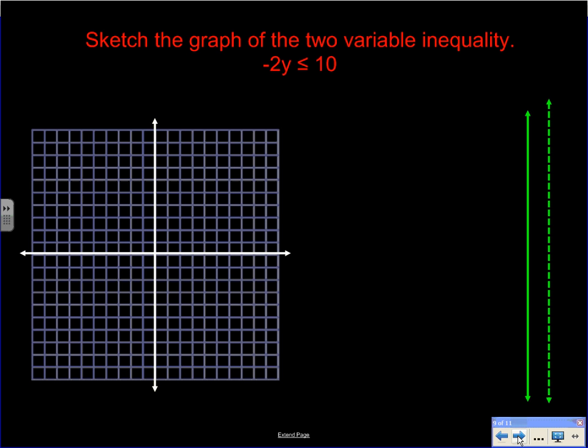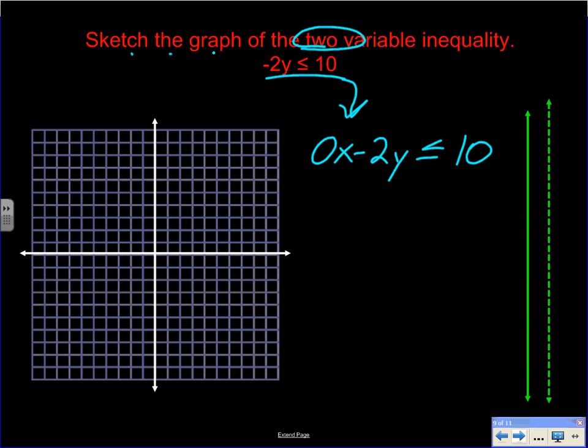This one right here, you only have one variable in the inequality, but you have to read your directions. Sketch the graph of the two variable inequality. So this right here can be rewritten as 0x minus 2y is less than or equal to 10.